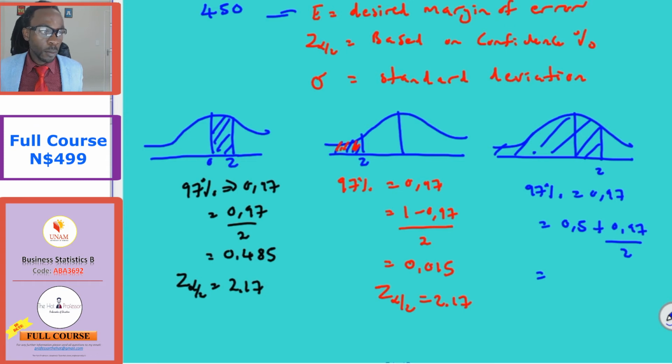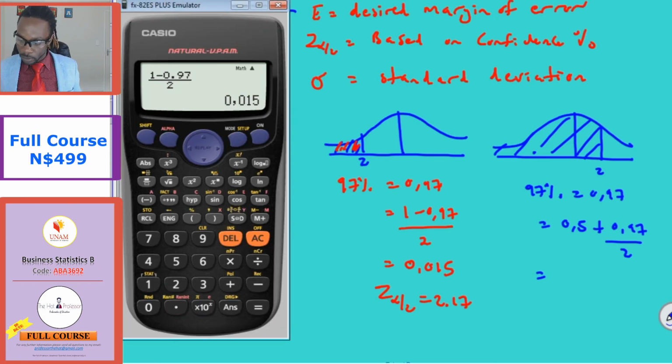Alright, let's see what we get. 0.5 plus 0.97 divided by 2. So you get 0.985.